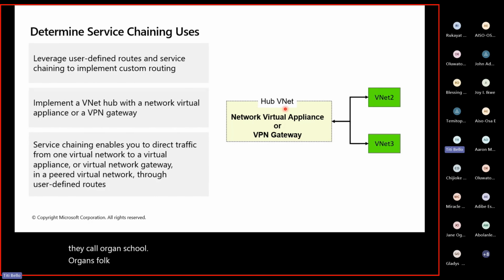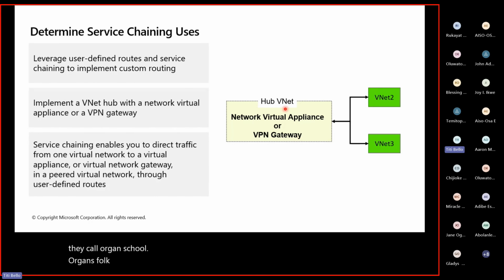They cannot just go from branch A or VNet A straight to VNet B just because there's a connection. They need to go through what we call the hub. Each of these other VNets is called a spoke, while the VNet that is doing the connectivity, the intermediary between them, is called the hub. So that's where hub and spoke come in.